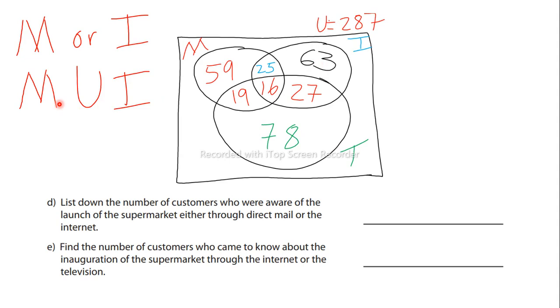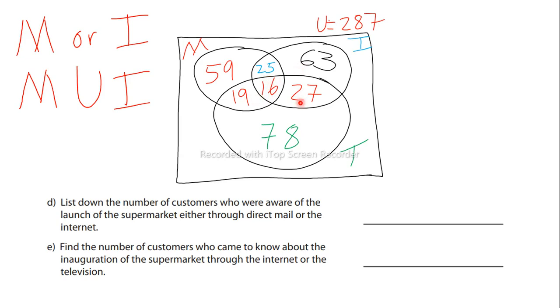That's a good question. No, these are not repeating. Once you see them like this, these are distinct people. Would you add the 25 and 16 twice because they're in the middle? No, you would not add it twice. Very good question. Added once. 59, 25, 16, 19, 63, 27.